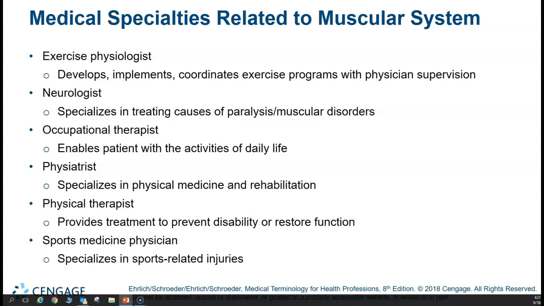Neurologists, again, they treat specialty disorders of the nerves. And so they're going to be working with our patients with paralysis and some muscular disorders.